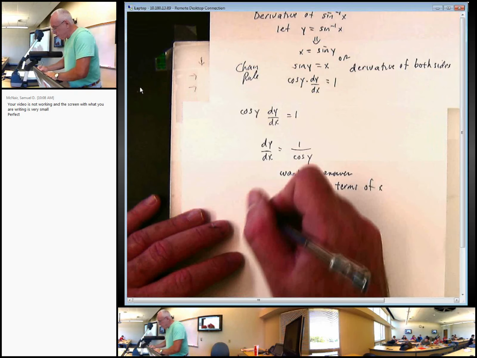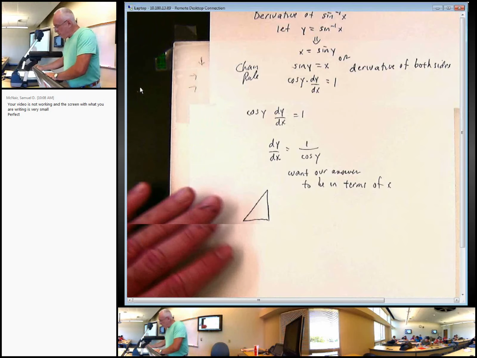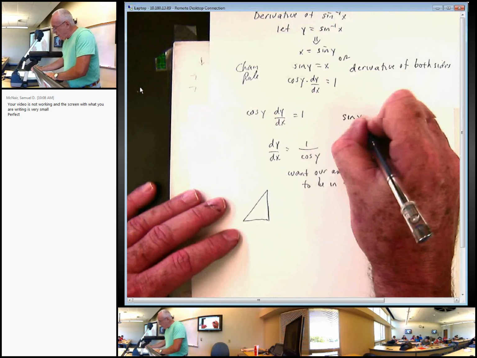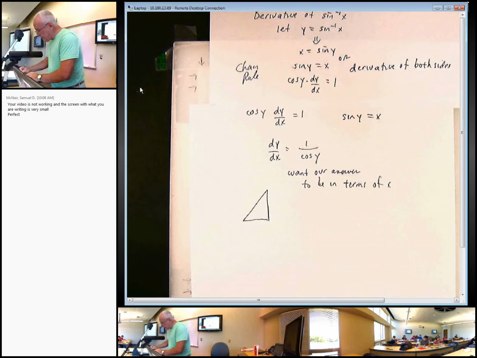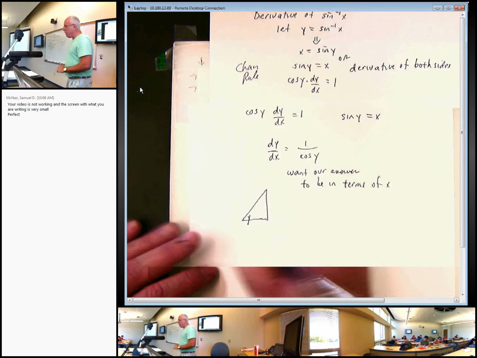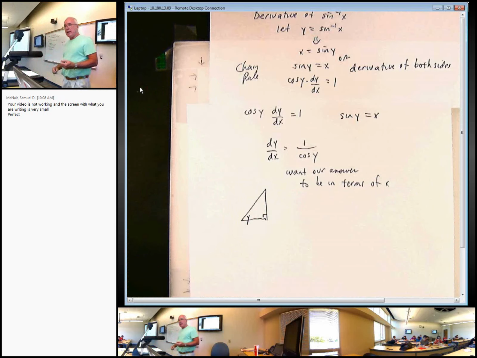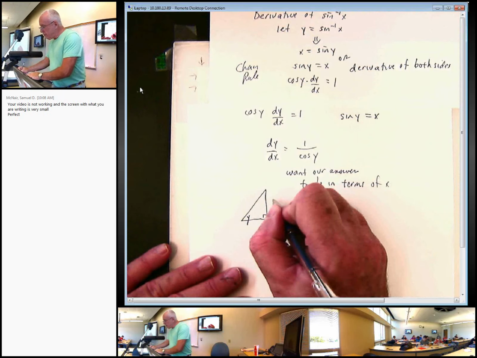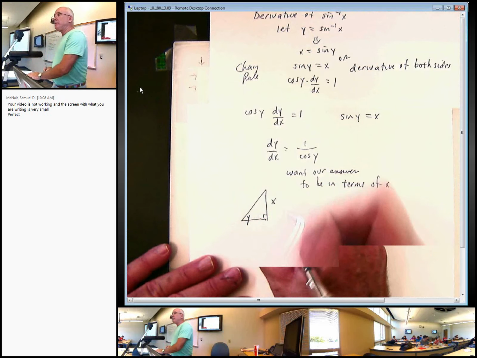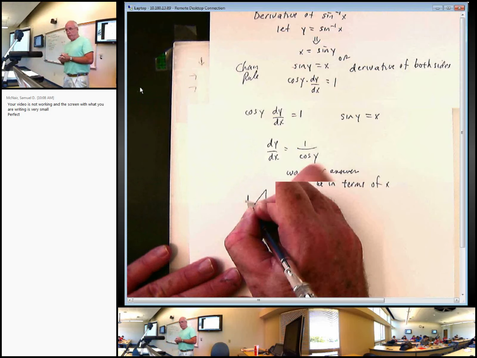Again, we're going to do a picture. Now, from up above, the sine of y is equal to x. So here, let y be our angle right here in our right triangle, and its sine is equal to x. Well, sine is opposite over hypotenuse, so the length of the opposite would be an x, the length of the hypotenuse would be a 1.